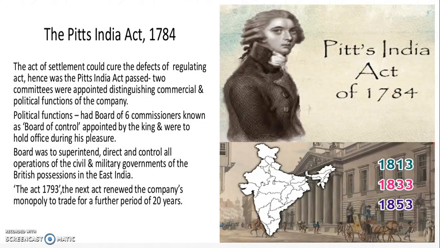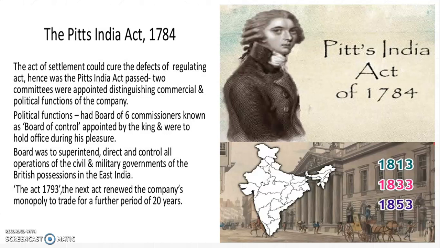Now, what was this act about? In 1784, Pitt's India Act was passed. The act provided for the appointment of a permanent board of control for better regulation and management of the affairs of the East India Company in India.